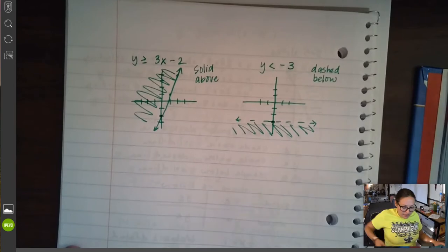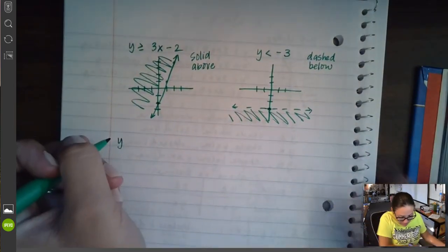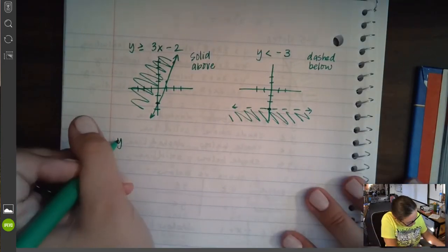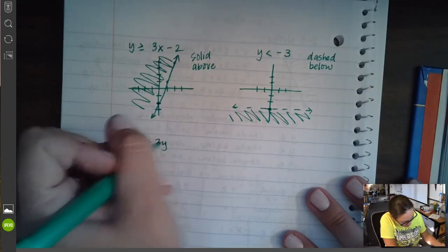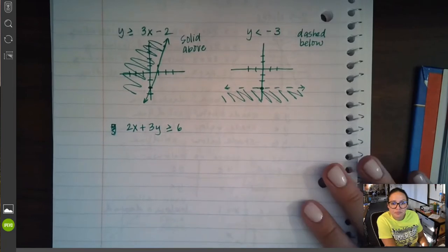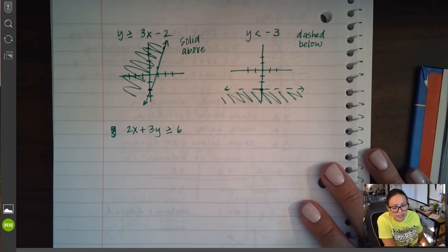All right, let's try another example here. 2x plus 3y is greater than or equal to 6. Now, let's solve for y first. Let's get y by itself so we can decide if it's going to be above or below and dashed or solid.